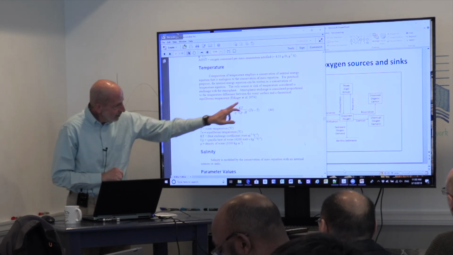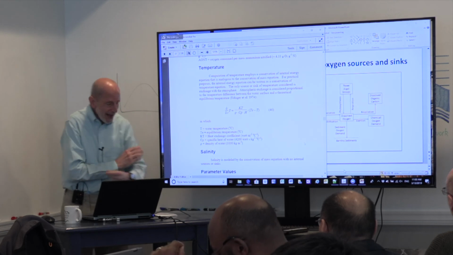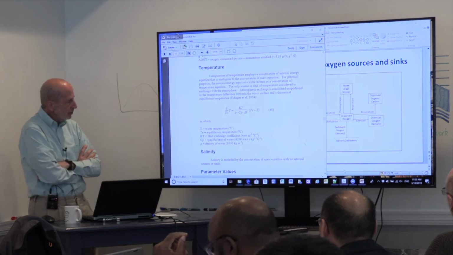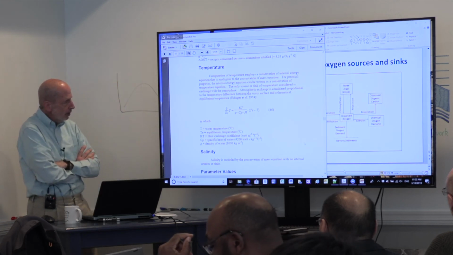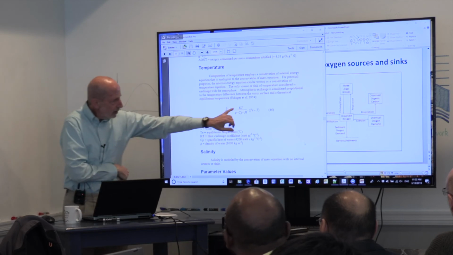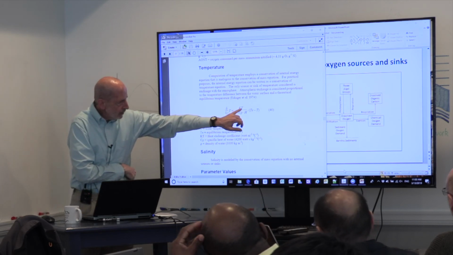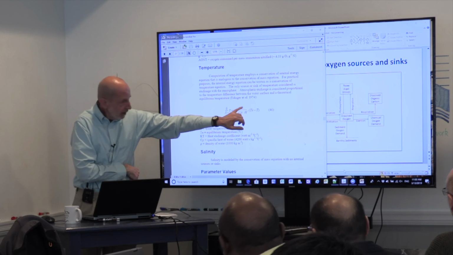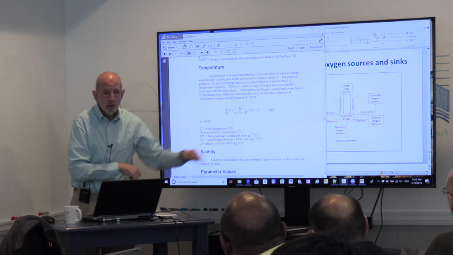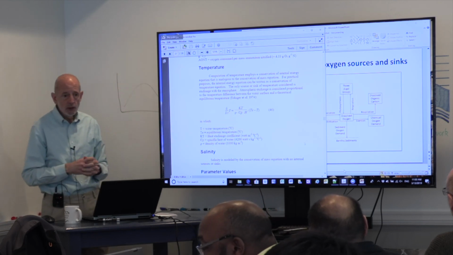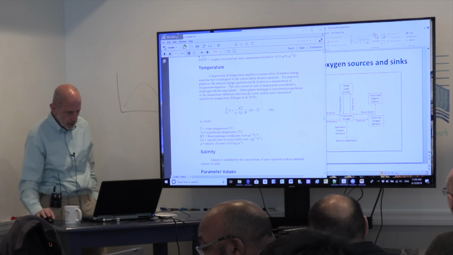You could think of this as something analogous to a mass transfer coefficient. Tomorrow we'll get into the details: you need to compute this equilibrium temperature, and you need to compute this K, this rate coefficient, if you will. We'll talk more about that tomorrow.